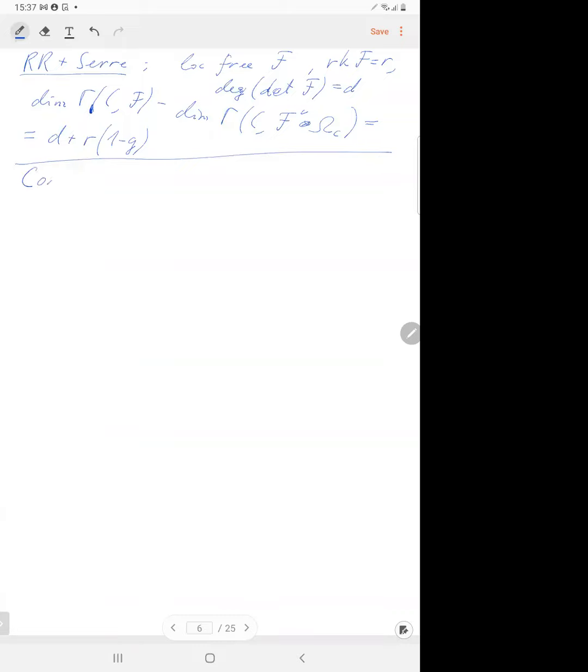So we now can prove one claim from the home exercise, that for any point in our projective curve, the complement is affine.